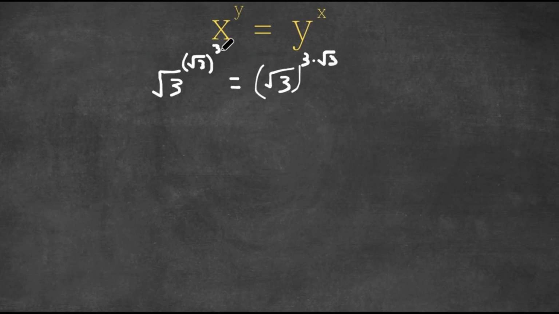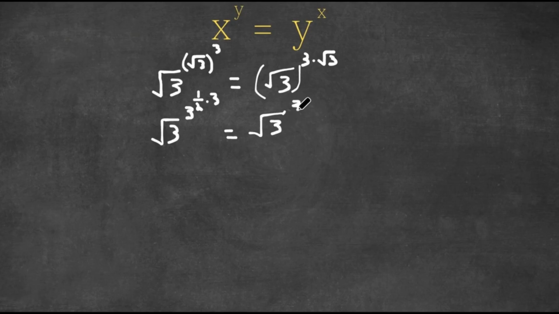Now, the square root of 3 to the power of 3, well, this is the same thing as the square root of 3 to the power of 3 to the power of 1/2 times 3. And this is equal to the square root of 3 to the power of 3 times 3 to the power of 1/2.